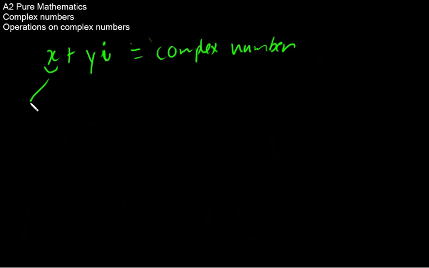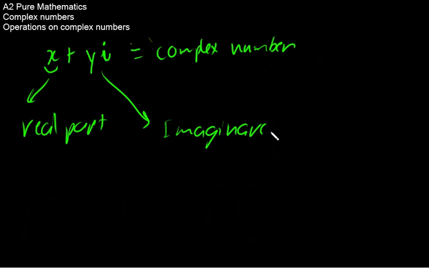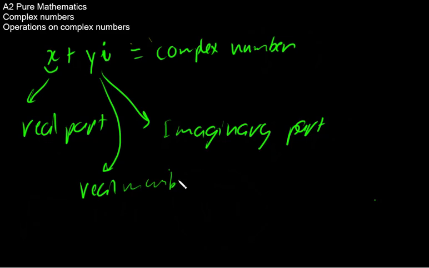This is what we call the real part. This is what we call the imaginary part. y is in fact just a real number, but considering it is y times i, this is called the imaginary part.